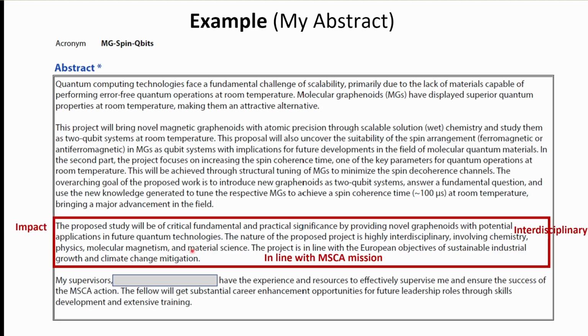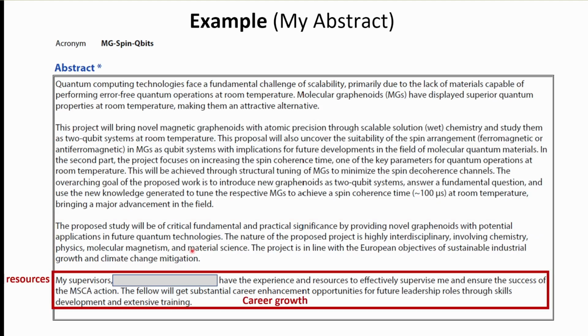So in this paragraph, I wrote it in this way. And in the last paragraph, I mentioned that this project is applicable and it will be successful because I have resources and my advisors are experts in this field. And then the last sentence, an important sentence, I wrote that the fellow will get substantial career enhancement opportunities through this MSCA experience.